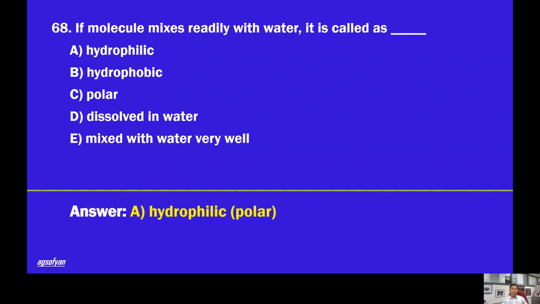The answer will be hydrophilic, but C is also correct because this is a polar molecule, and D is also correct, and E is also correct. So this is kind of an incorrect question. A molecule that mixes with water is called a hydrophilic, polar molecule.